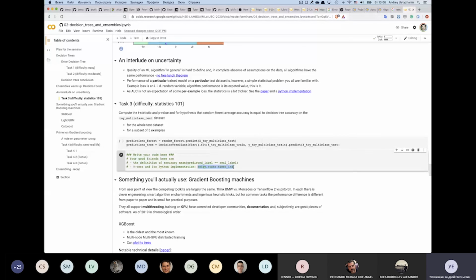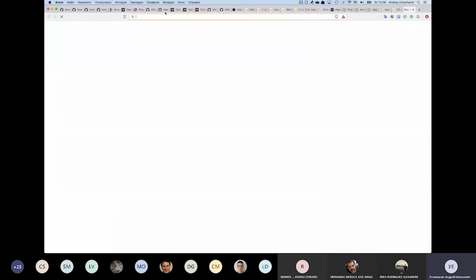So let's take a look at the manual. My browser allows. I should close all unwanted tabs.